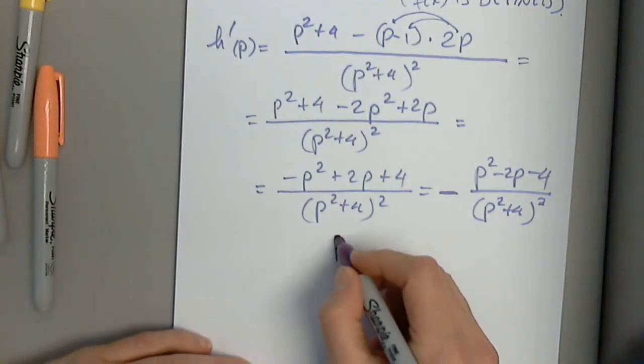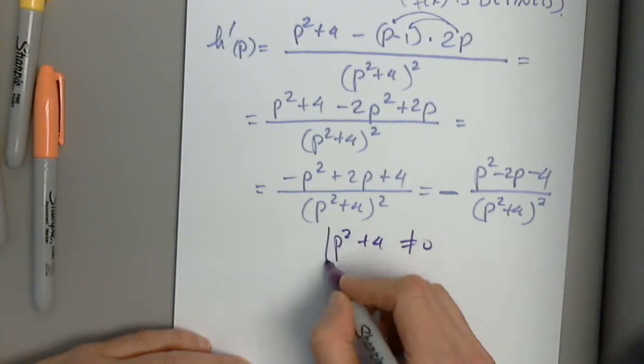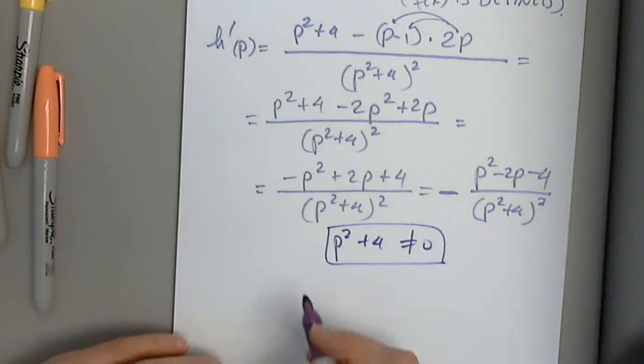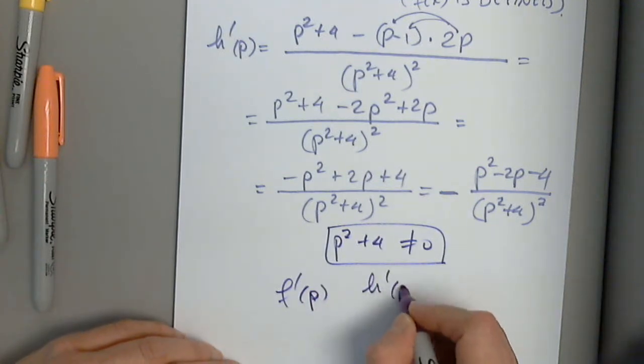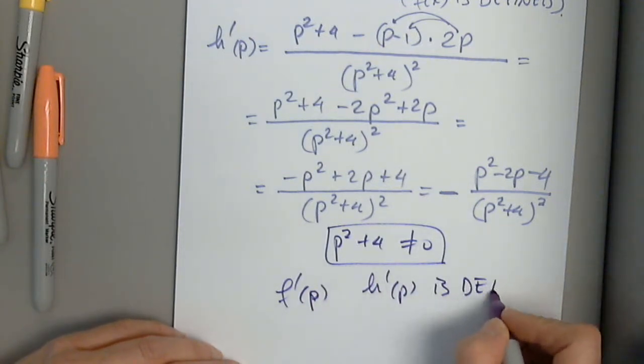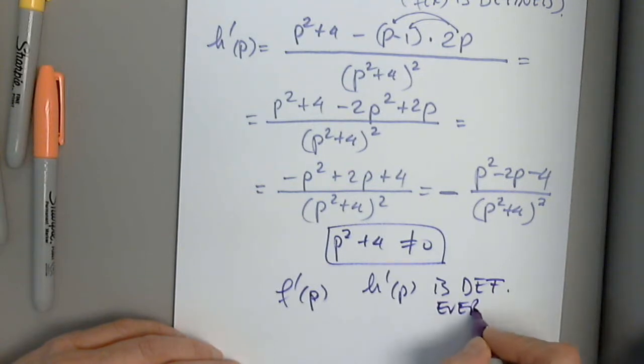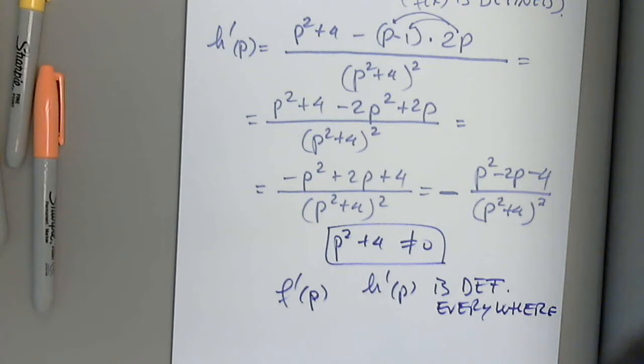Nowhere. P squared plus 4 is never 0 no matter what. So h prime of p is defined everywhere. So no critical number can come from h prime of p being undefined.